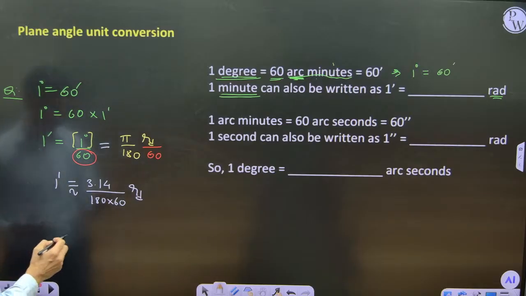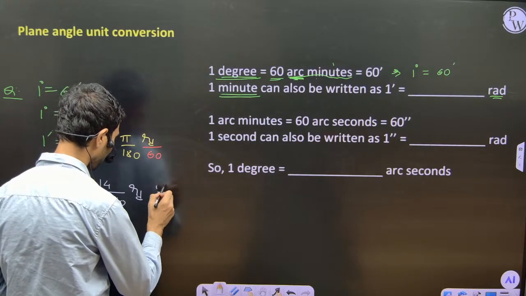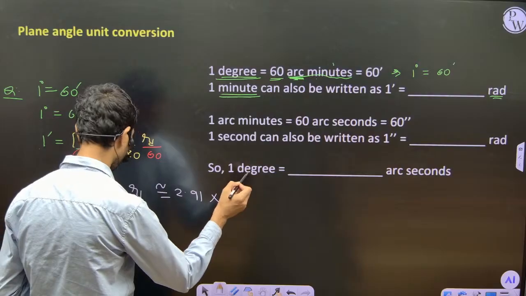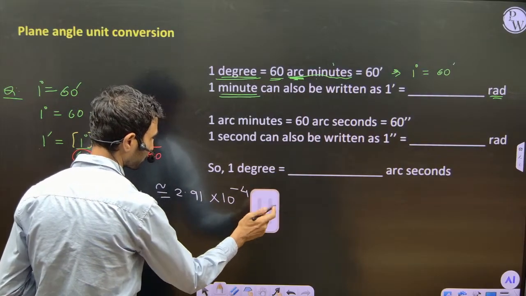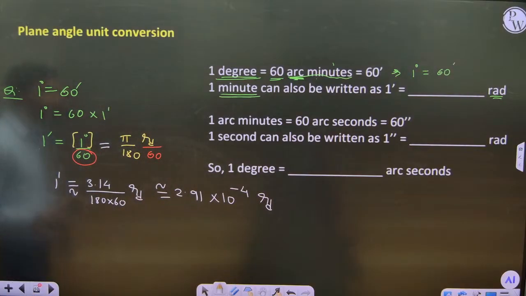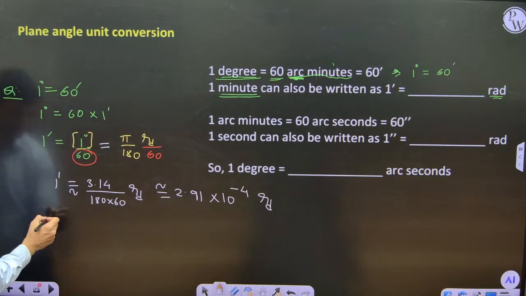I'm getting around 2.91 into 10 raised to the power minus 4 radian upon calculator. So that's 1 minute equal to, or as it is said, 1 arc minute.